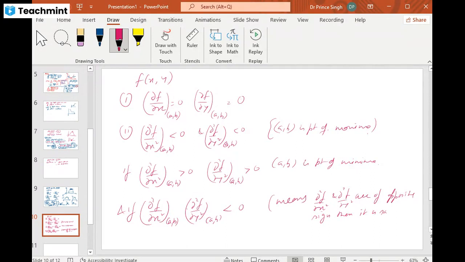It is a saddle point, meaning it is the point of neither maxima nor minimum, right? But because when we are having two variables, there is one more derivative, ∂²f/∂x∂y. This derivative also plays an important role.